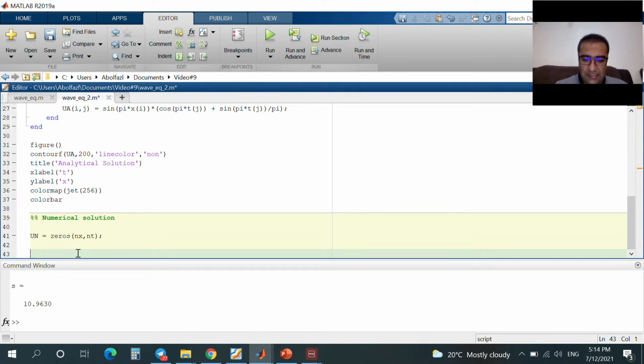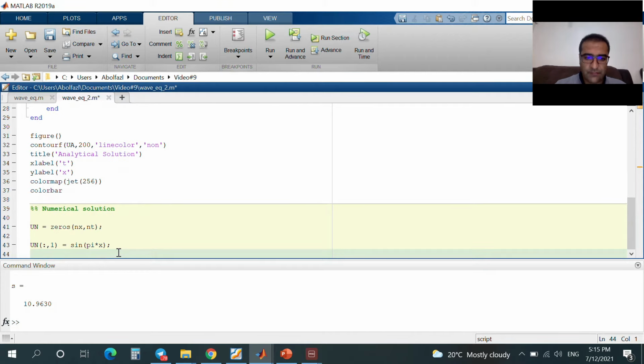What we need is the initial condition. So initial condition at every position and at the 0 moment, represented with index 1, because in MATLAB we cannot assign index 0 for the matrix, is sin pi x, right? Sin pi x.